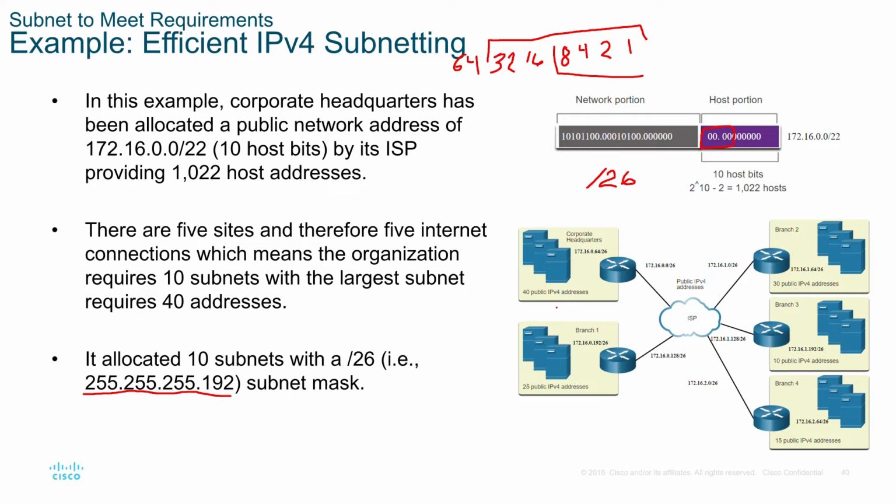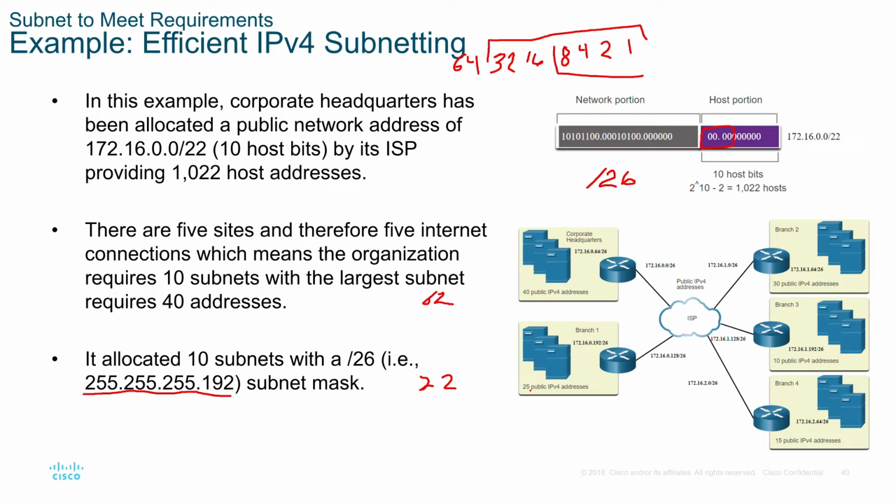Now, because these networks use or need different amounts, each one has been allocated 62 hosts. This one only needed 40, so I lost 22. This one needed only 25.